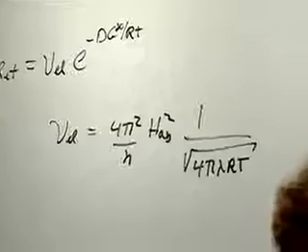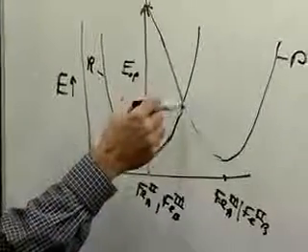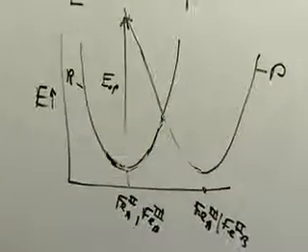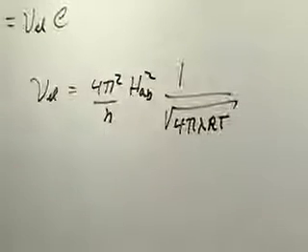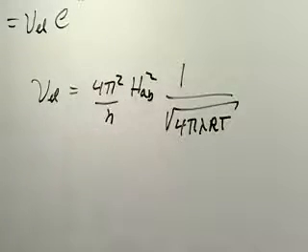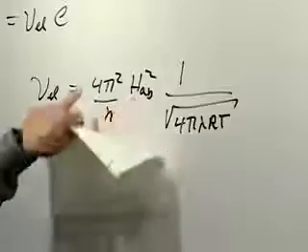This is one state and these are another state. And as we're going to see with quantum mechanical considerations, they're going to interact, and their interaction is going to be this HAB. Now, the frequency clearly can go from something very small. When this is very, very small, this frequency is low.